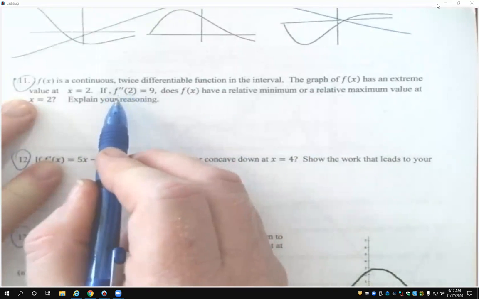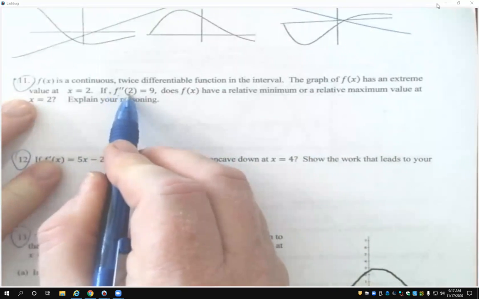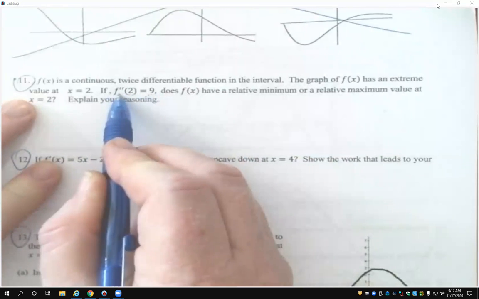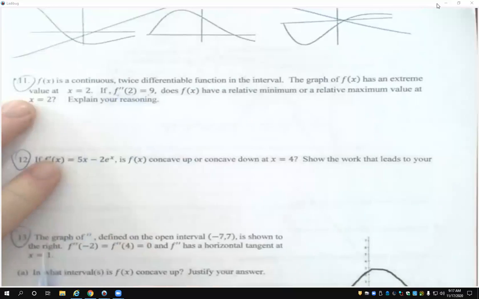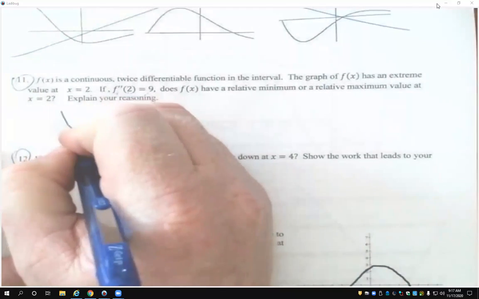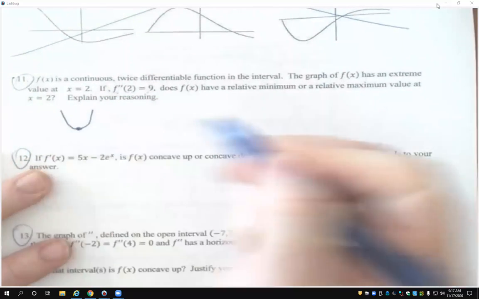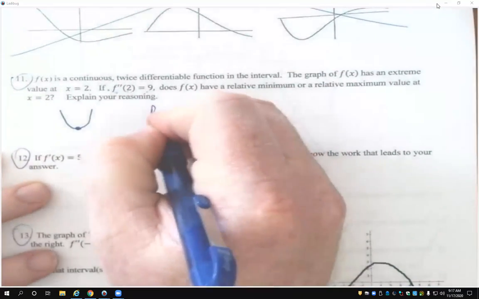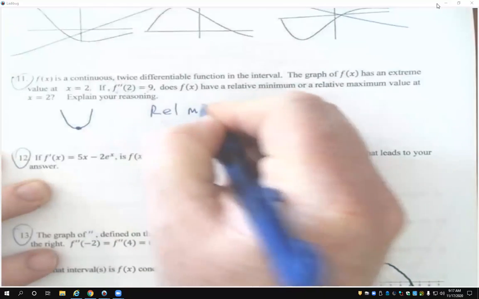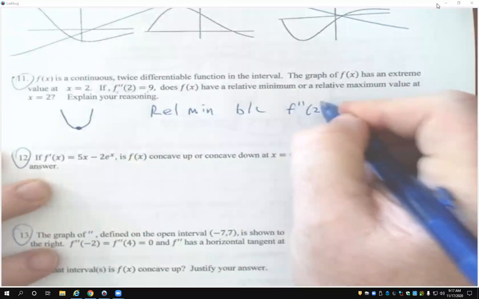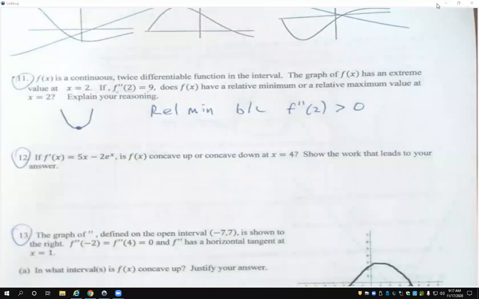And this is what we learned yesterday, if the second derivative is positive, that tells me my graph is what? Concave up or concave down? Up. That's correct. Okay, if I am concave up at 2, then I obviously have a relative min. So I'm going to say I have a relative min, and my justification is because f double prime of 2 is greater than 0.